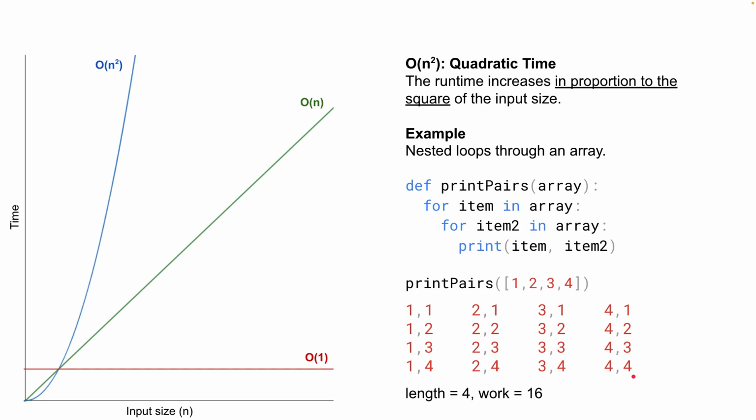With 4 elements, there are 16 pairs, so we do 16 units of work. And with n elements, we do n squared units of work. The runtime increases at a quadratic rate as the input size increases, so the runtime is O(n squared).